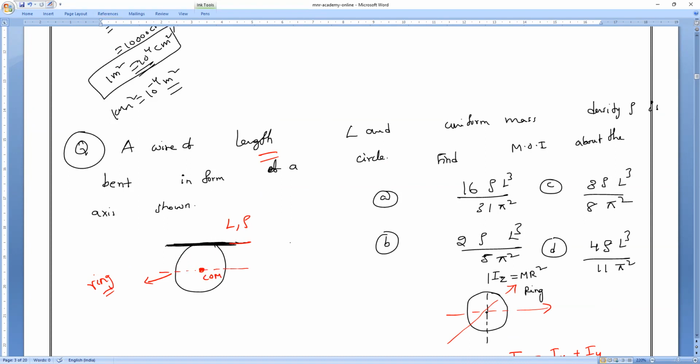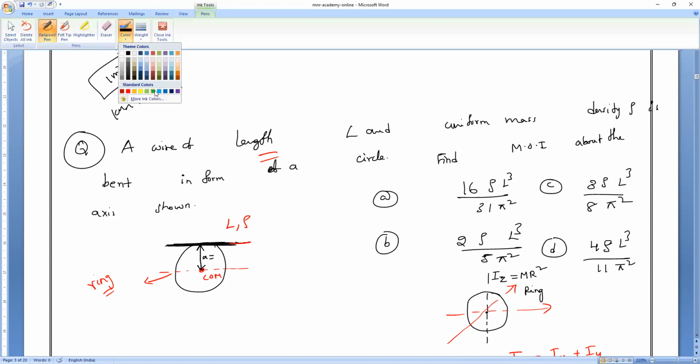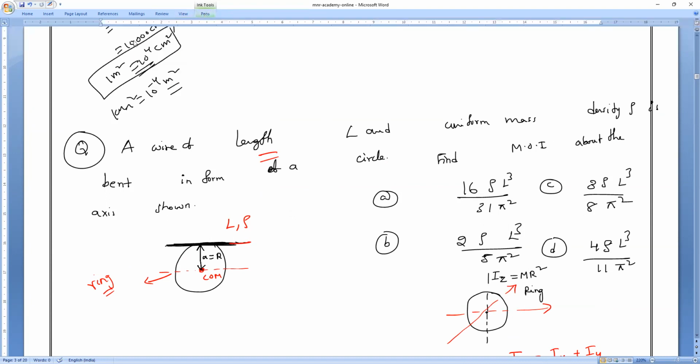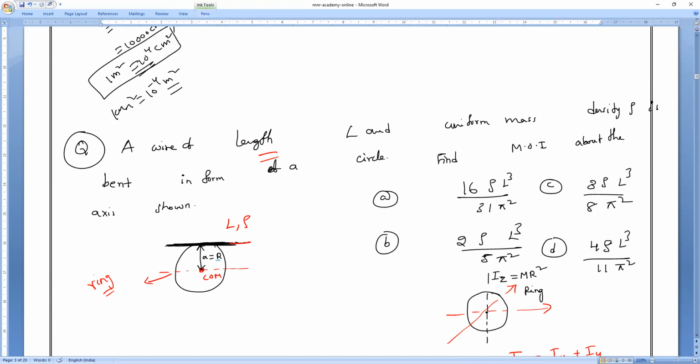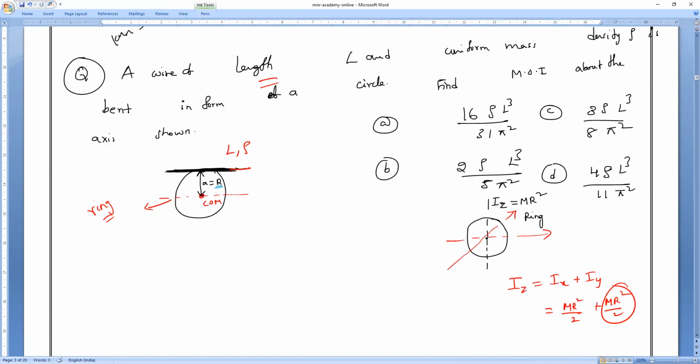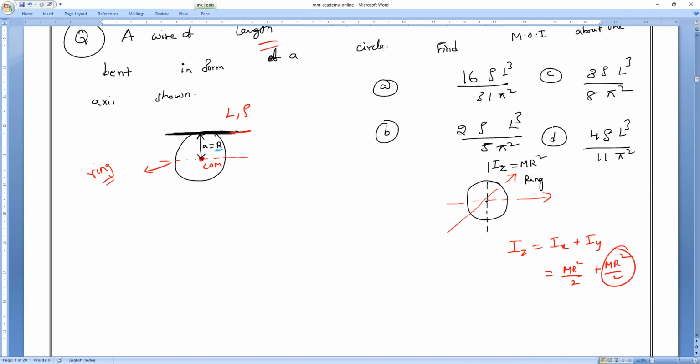The parallel axis theorem. What is the perpendicular distance from here to here? It is a ring, so the perpendicular distance is the radius.